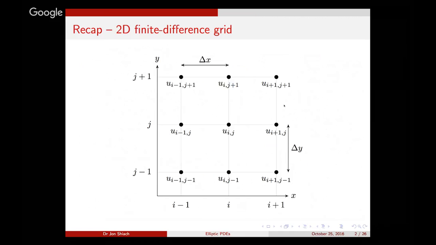As we go from left to right, we're increasing our i index by 1 each time, and as we go bottom to top, we're increasing our j index also by 1. Delta x is the spacing between nodes in the x direction, delta y similarly in the y direction. Notice delta x and delta y don't have to be the same. They can be different.